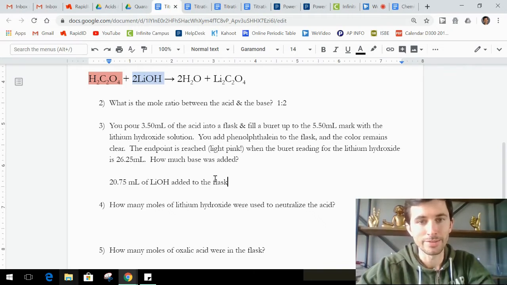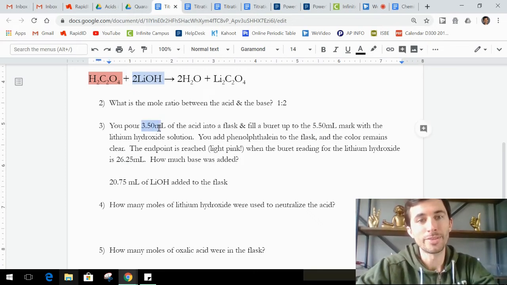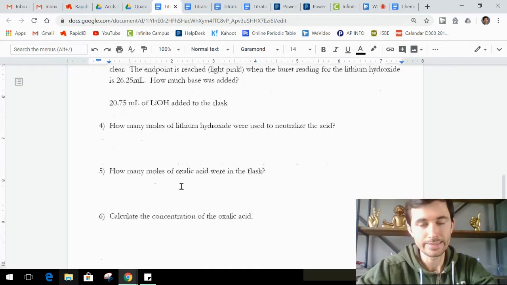Again, the reason you subtract them is because a burette is used just to figure out where you start and where you finish. That is it. So again, obviously it's easier if you were in the lab doing this, but we got to make do. Also here, there's an acid volume amount that's crucial for number 6 down here.